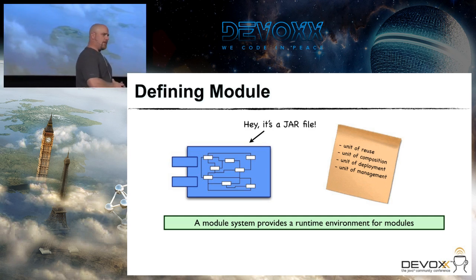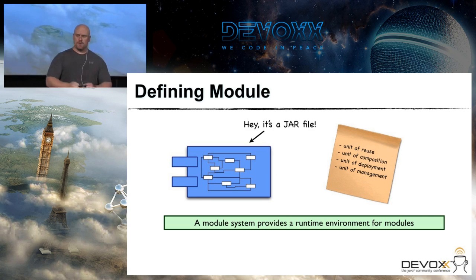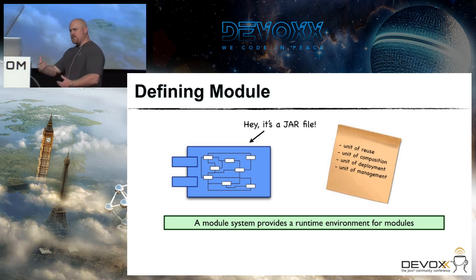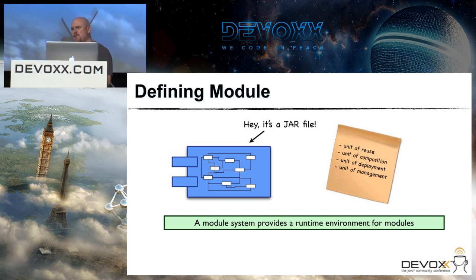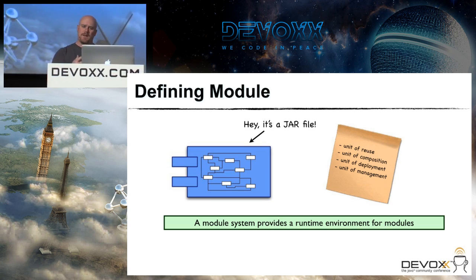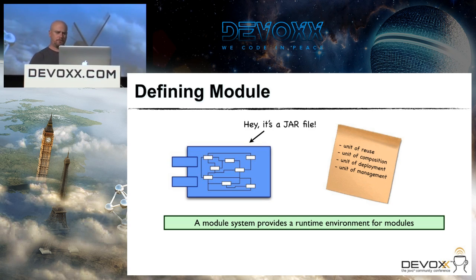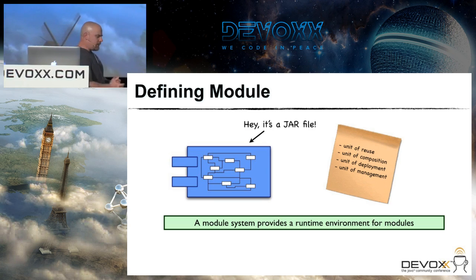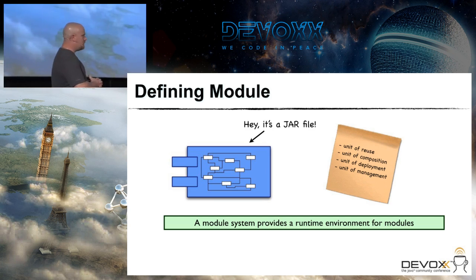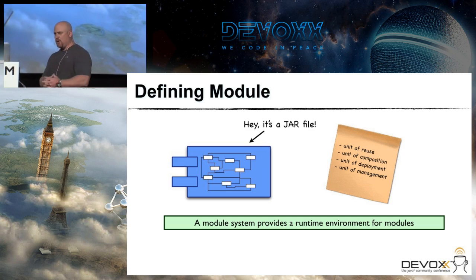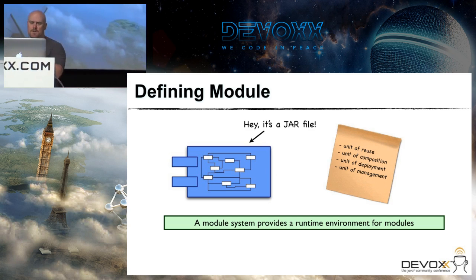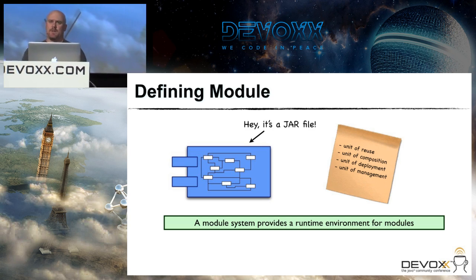Well, on the Java platform, over the past several years, we've brought a great deal of concision to the definition of a software module. And what exactly does that mean? Well, quite frankly, whether we're looking at the Java platform, Java SE, or module frameworks, a module on the Java platform is quite simply a jar file.